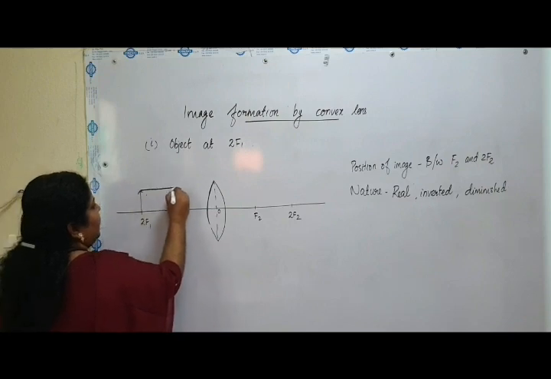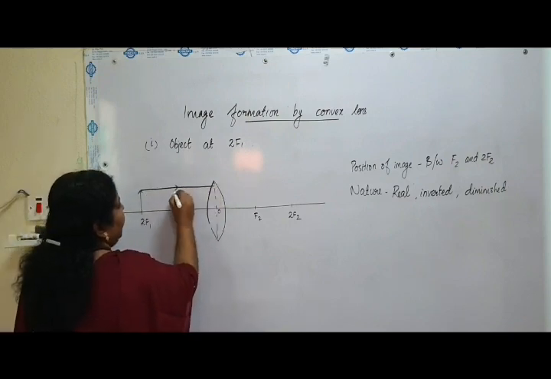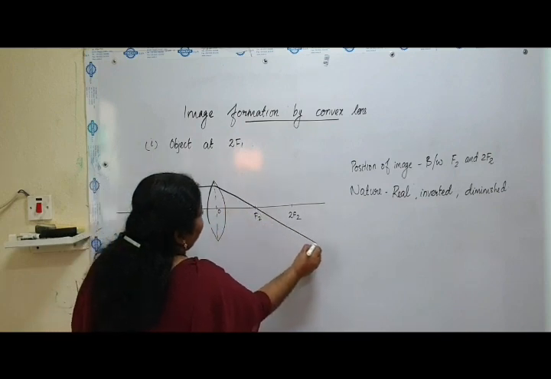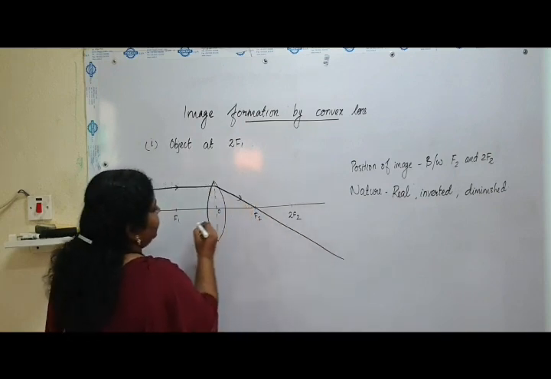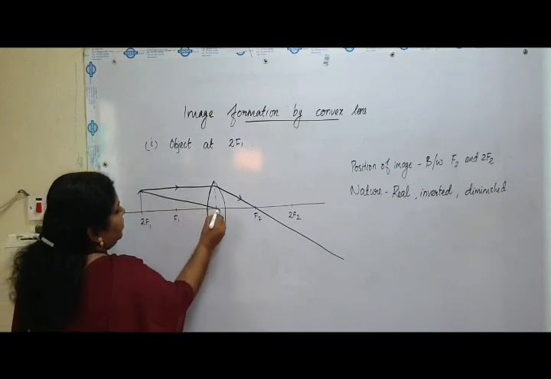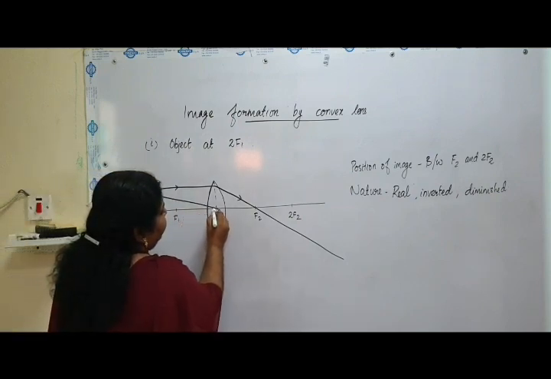First type of ray, a ray which is going parallel, it should pass through the focus. Second type of ray, a ray which is passing through the optical center.